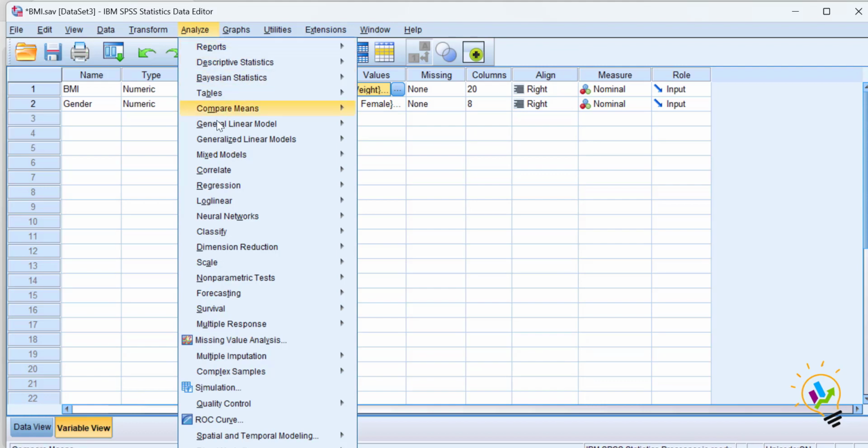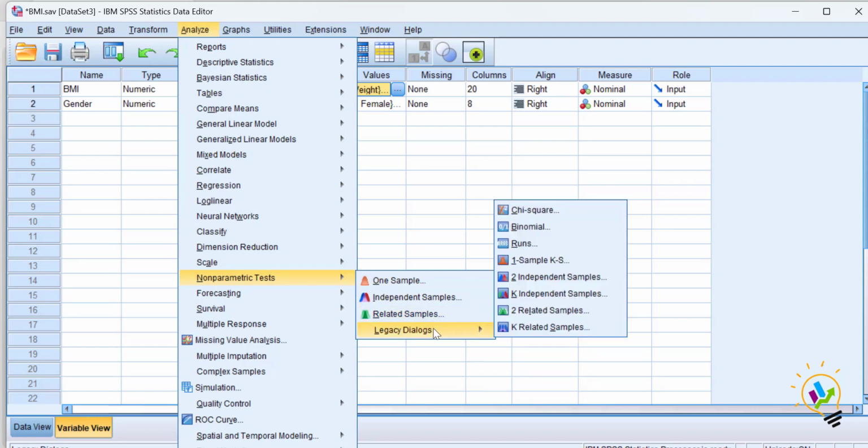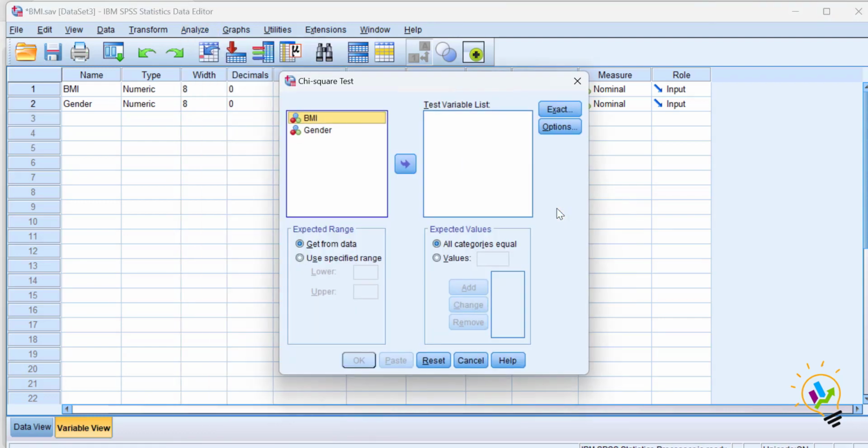Analyze, then non-parametric tests. In non-parametric tests, we must select legacy dialogs, then chi-square. Once you select chi-square, we get this pop-up window where we need to move BMI from the left side to the right side. Now this is the test variable. Now we need to tell the system what the expected values are. The expected values are proportions.